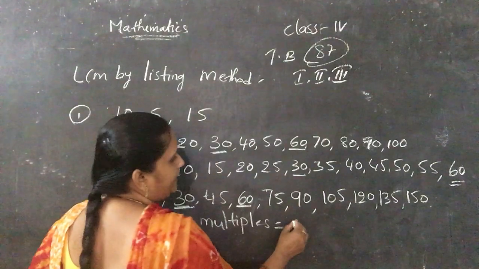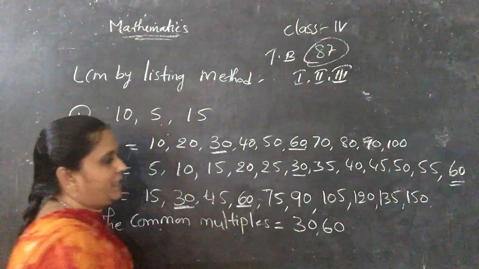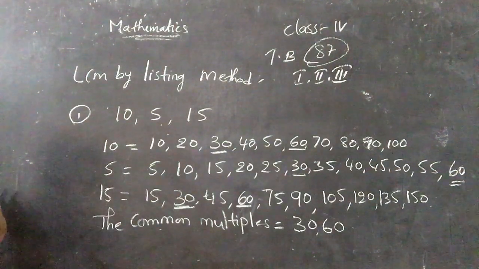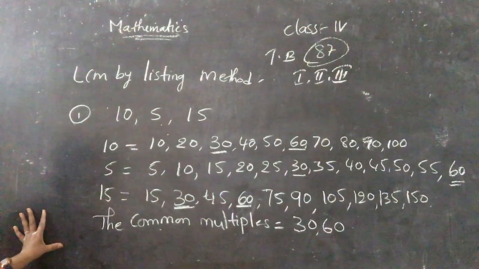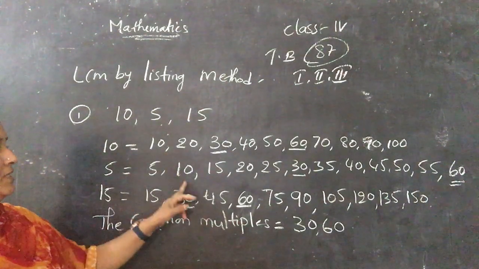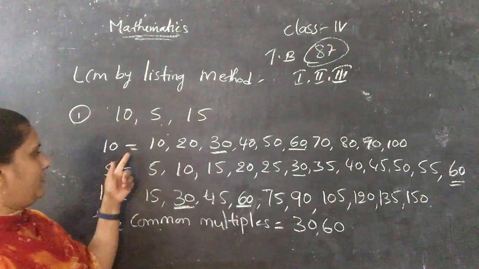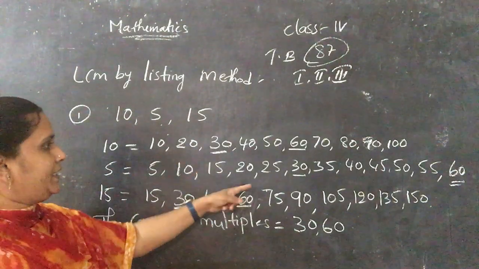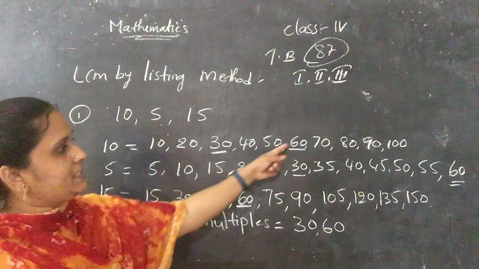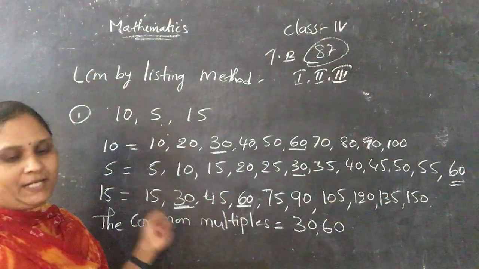Okay, so you can write 30, 60 as common multiples. Because 10 is repeated in only 2 numbers, and in the third it is not there. So 30 is repeated 3 times and 60 also repeated 3 times. So the common multiples are 30 and 60.